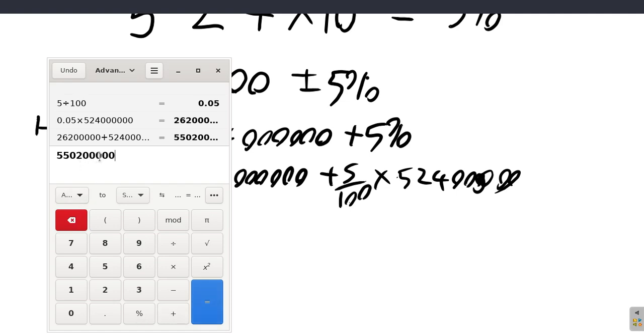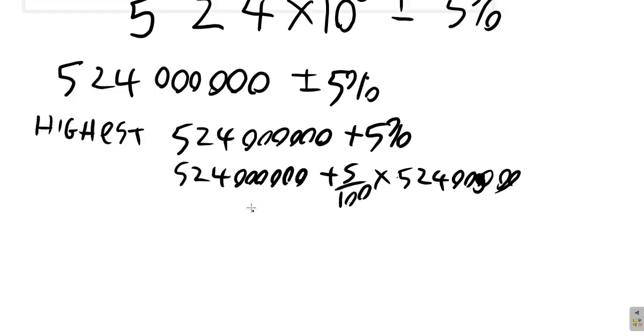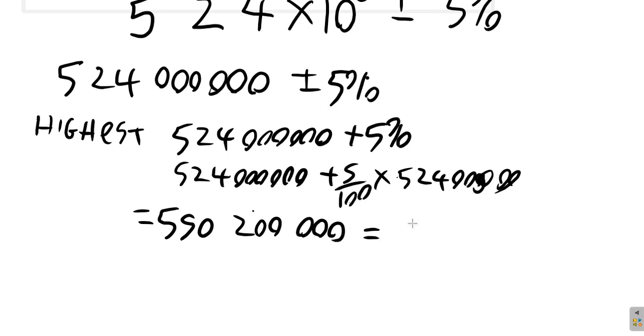Alright, so what that gives us is 550,200,000. So that's equal to 550,200,000, which is 550.2 mega ohm. So you see that.